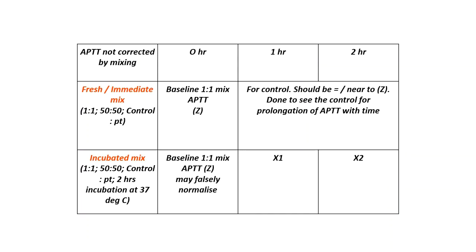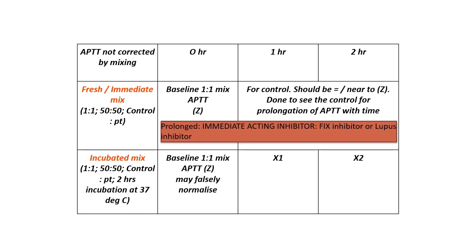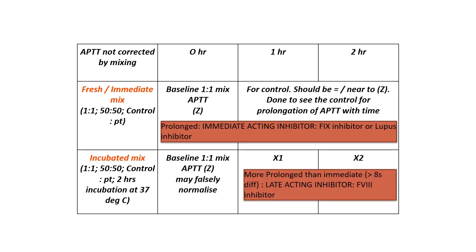So the fresh or immediate mix is done at baseline, after 1 hour and 2 hours, and the incubated mix is again done at baseline, after 1 hour and 2 hours. If the immediate mix is prolonged, then we are talking about immediate acting inhibitors like factor 9 inhibitor or lupus inhibitor. Or if the incubated mix is more prolonged than the immediate, then we are talking about late acting inhibitors like factor 8 inhibitors.